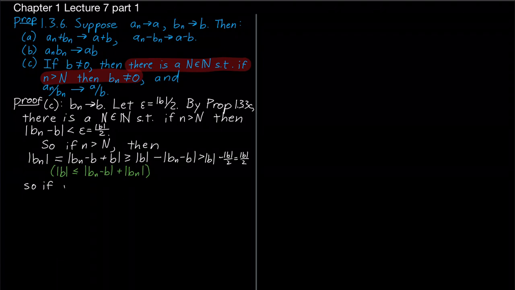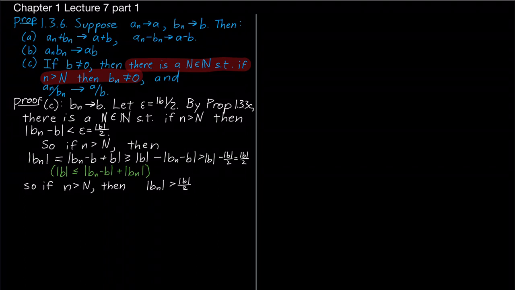So if n is bigger than N, then the absolute value of Bn is bigger than the absolute value of B over 2, and that's a positive number by assumption, B is not equal to 0. So Bn is not equal to 0, and that proves the first part of our statement.